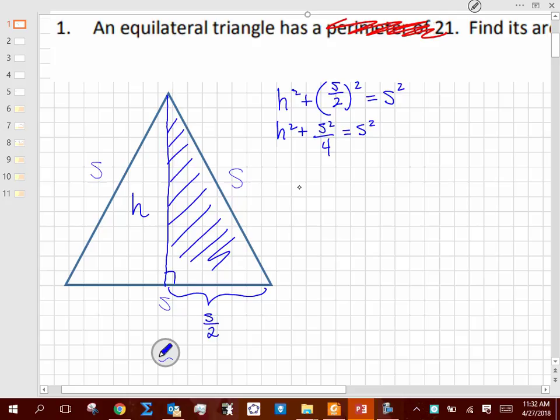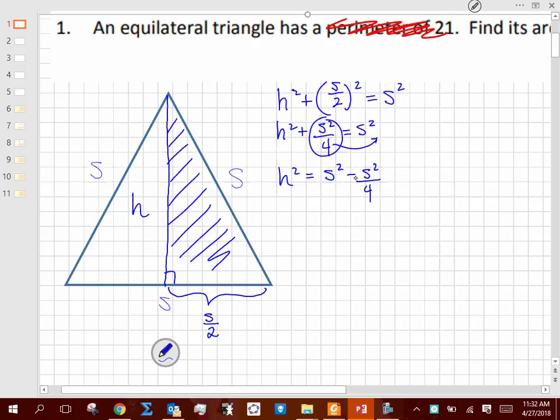Is that okay? This is the exact same procedure as what we did in the last one with specific numbers. But I'm going to move that to the other side. So it looks something like that, right?